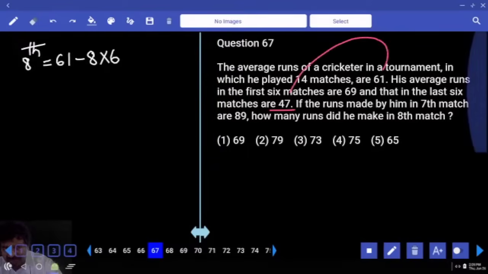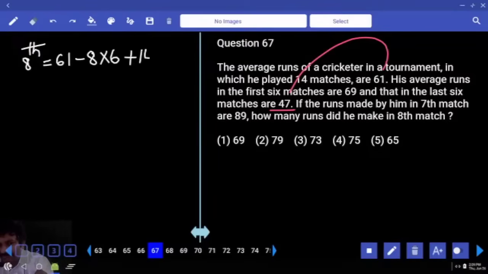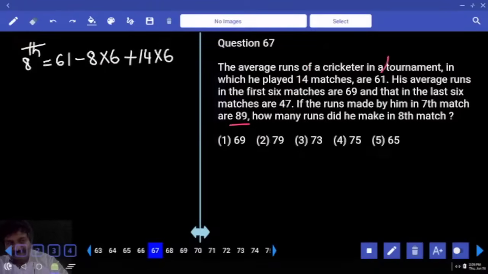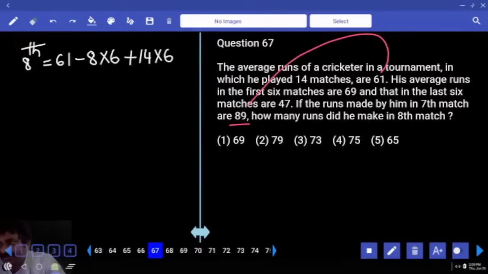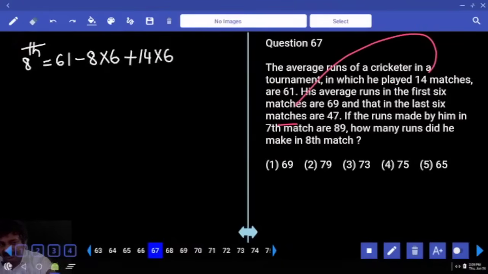With respect to the original average, that is 14 less. As it is the reverse effect, we have to add 14. Like that, how many matches played? 6 matches. And in the 7th match, he scored 89, which is how much more than the original average? 28. As it is the reverse method, we have to subtract 28.